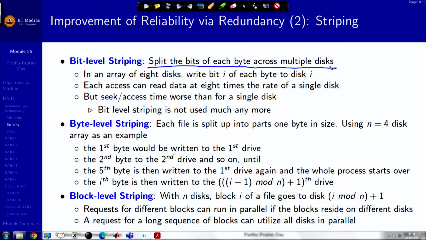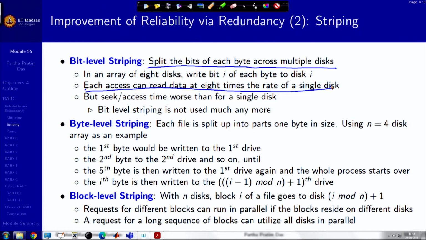On a failure only one bit can be affected, but not everything. Now, there are flip sides. The access can read data 8 times at the rate of the single disk, because you are reading from 8 disks together in parallel.